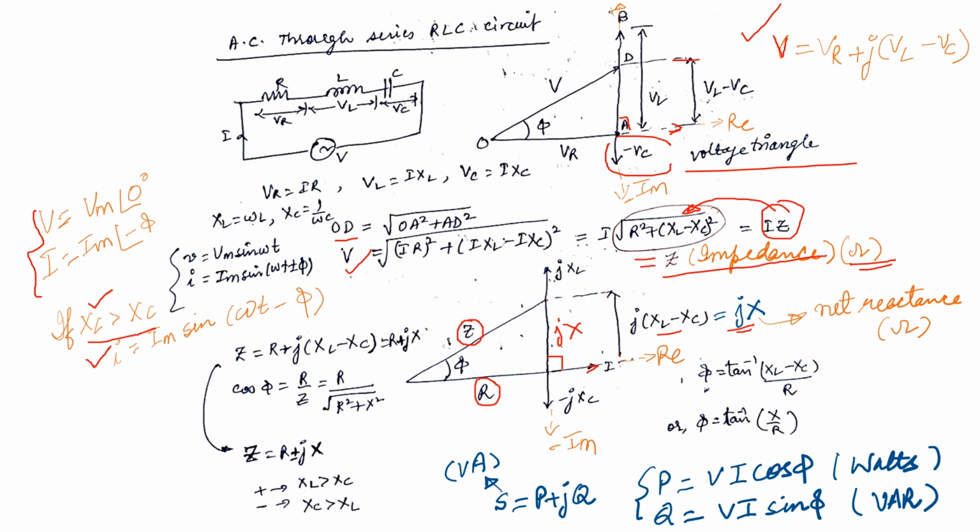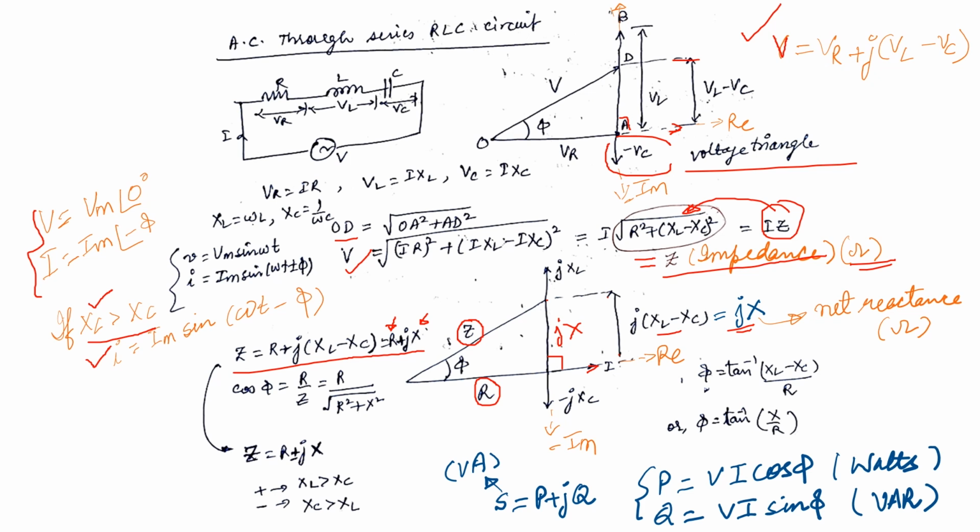So for this impedance triangle, we can represent Z as R plus j(XL minus XC), or we can write this as R plus jX, where the first term is called the real component of Z and the second term is called the imaginary component of Z. So Z is having two components, R and jX, where X is the net reactance.